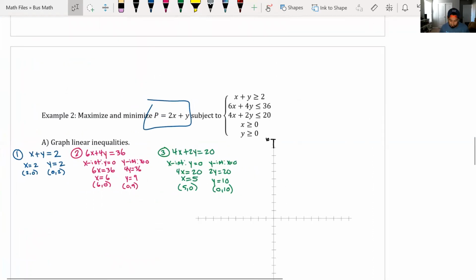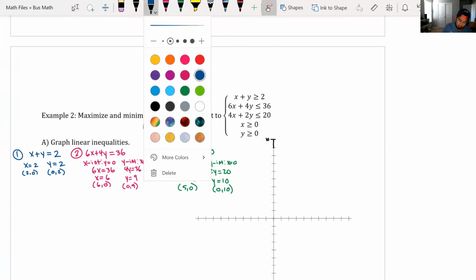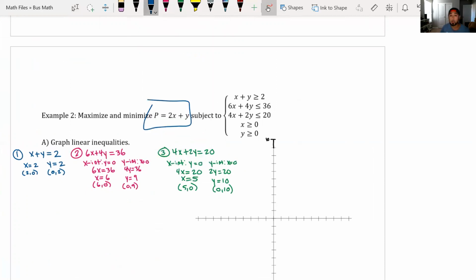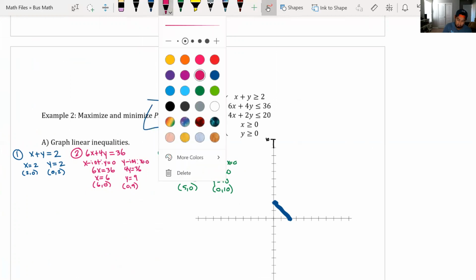All right. So plot the blue line first. 2 and 2, that's easy. 2 and 2, there it is. There's the blue line. Put that back to normal. Plot the red line, and (6, 0), 2, 3, 4, 5, 6.